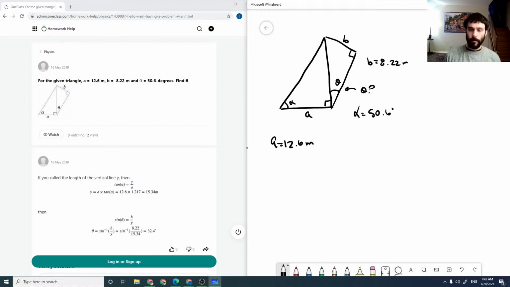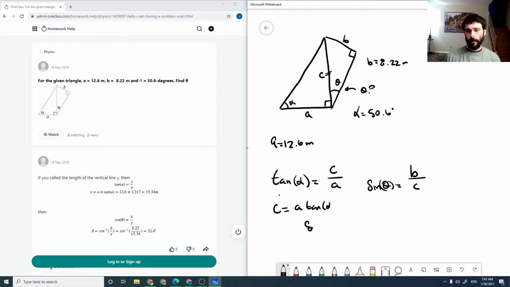Okay, so then this side here can be gathered with tan alpha is equal to, I'm going to call that C over A. And then from the theta triangle, we can see that sine theta is B over C. So from this expression, we can solve for C as A tan alpha.